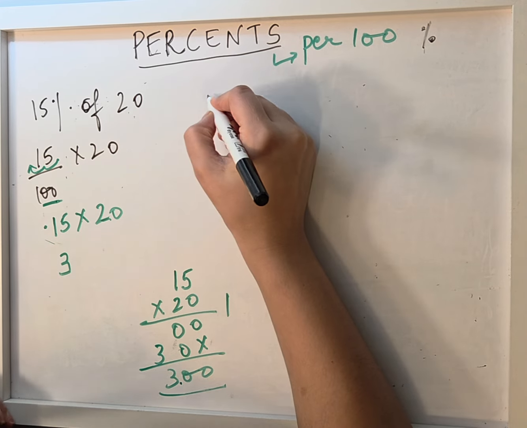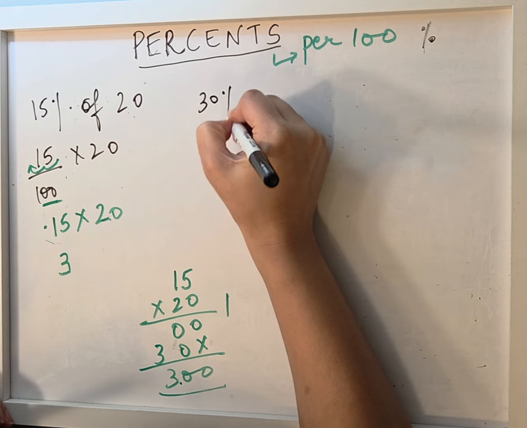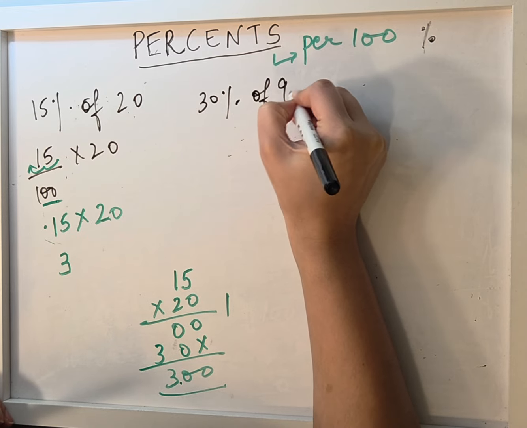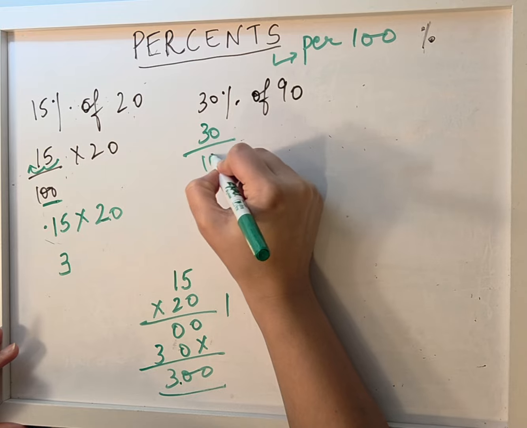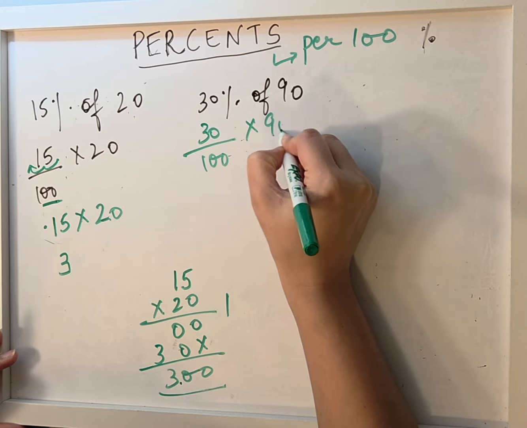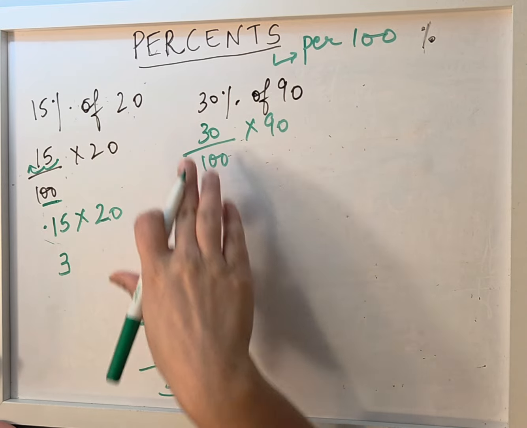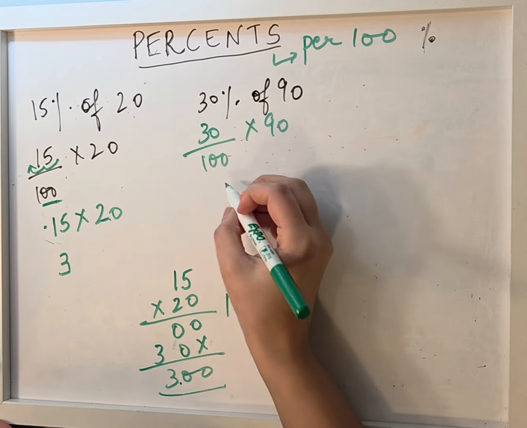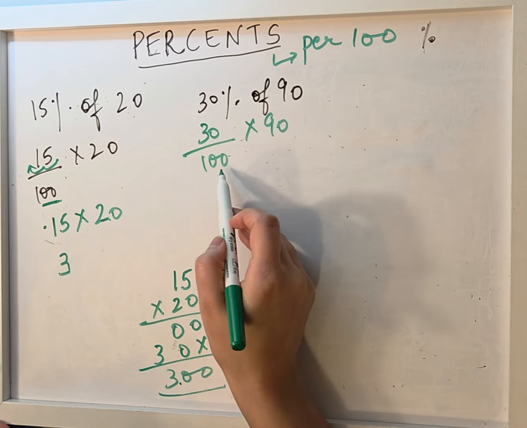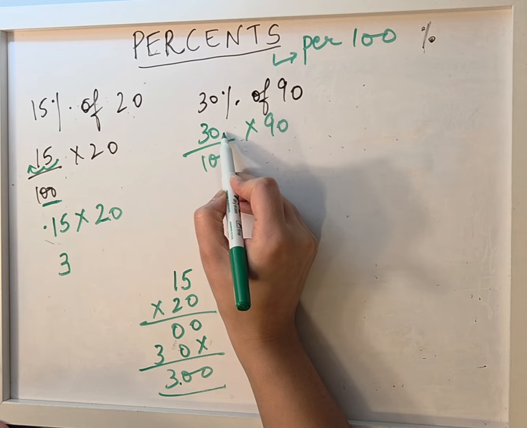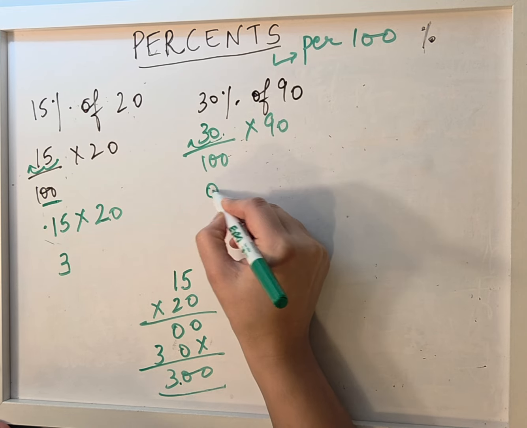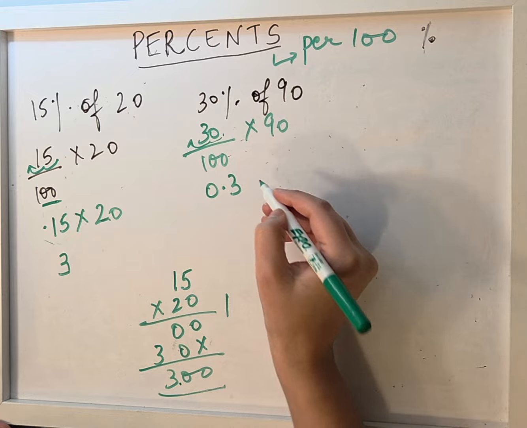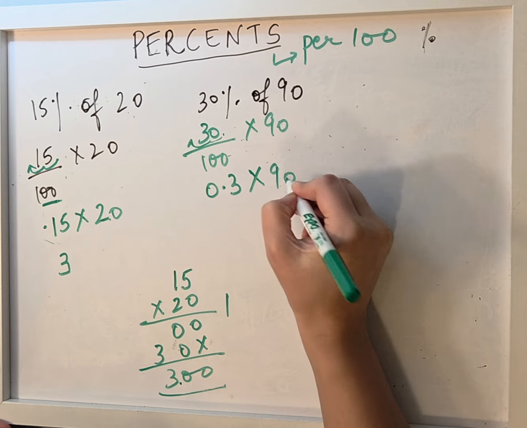Let's look at another example. If we have 30% of, say, 90, we write it as 30 by 100 into 90. To change 30 by 100 into a decimal form, we are dividing by 100 again. The decimal is here; we move it two places to the left. We get 0.3 into 90.